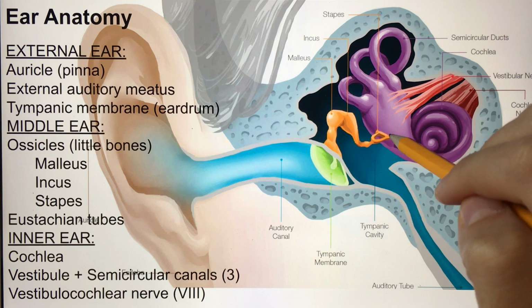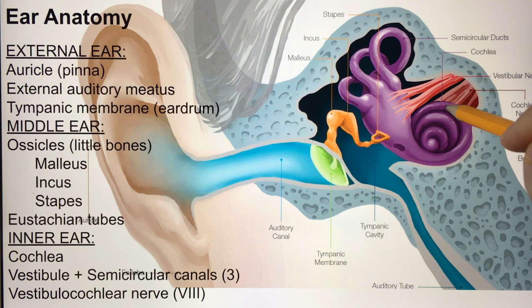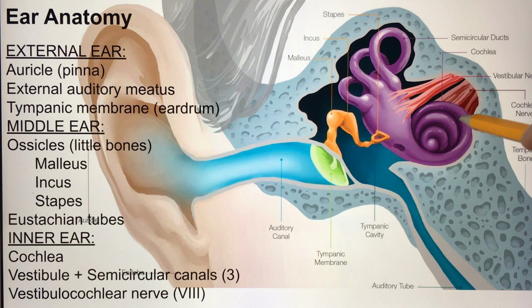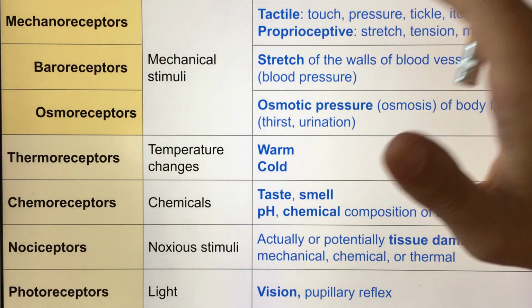The liquid inside of the cochlea vibrates. It travels through this long canal of the cochlea in a spiral motion, and it vibrates the liquid inside of it. Inside of that liquid, there's going to be special hair cells. I'm going to show you the picture of them.